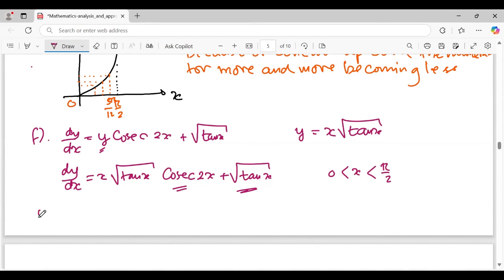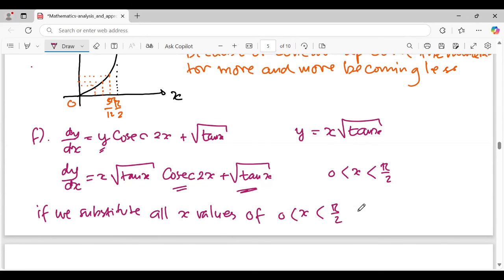Again, if we substitute all values of x between 0 and pi half, the results are positive.